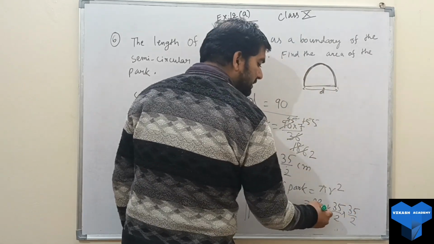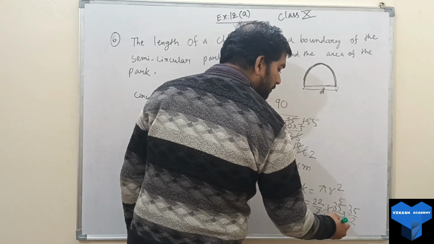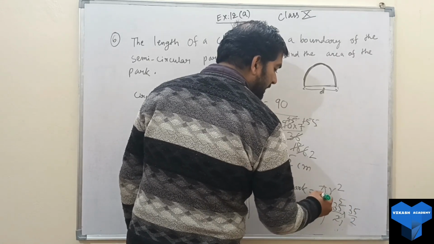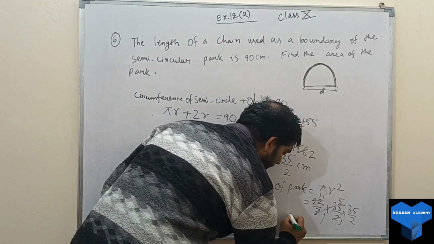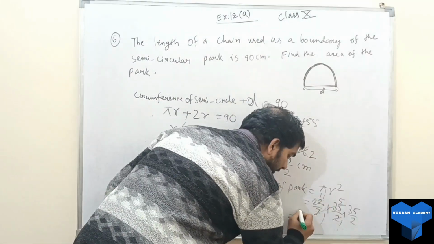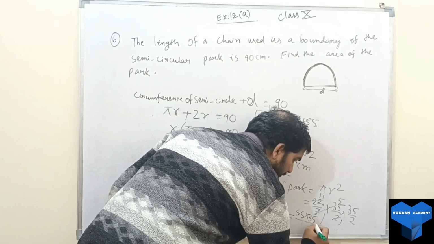Cancel with 7. 7 ones are 7, 7 fives are 35. 2 ones are 2 and this will be 11. So if you multiply, next step, 11 fives are 55 into 35 by 2.